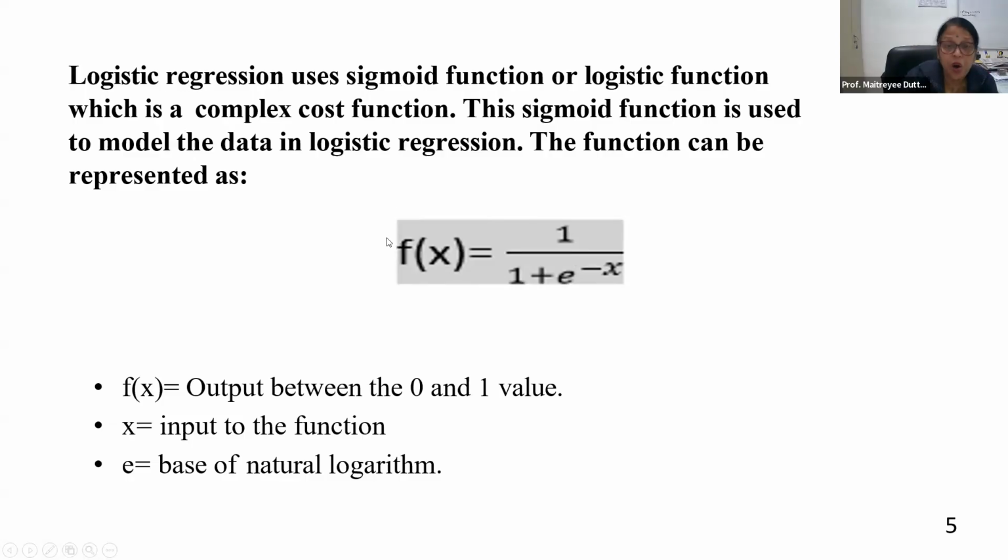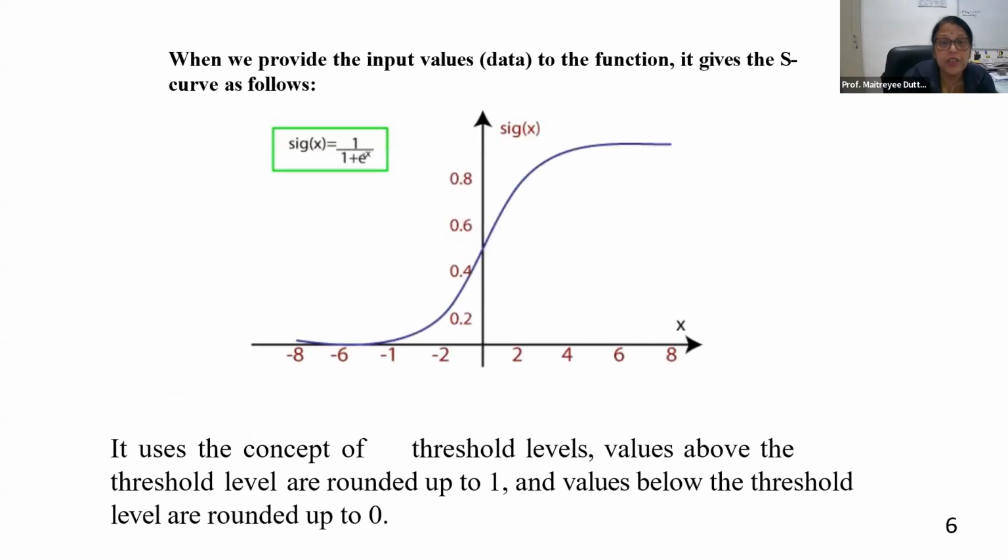When we draw this function, we get such type of graph of the sigmoid equation. Here, this is known as the threshold value. We say that if your value is above the threshold level, it will be rounded and the classification will be 1.